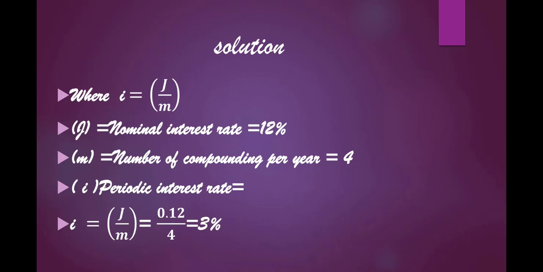Note that this is per year, not for the total time. In our example, nominal interest rate equal 12, number of compounding per year equal 4, so M equal 4, so I will be equal 12% over 4, which is equal 3%.